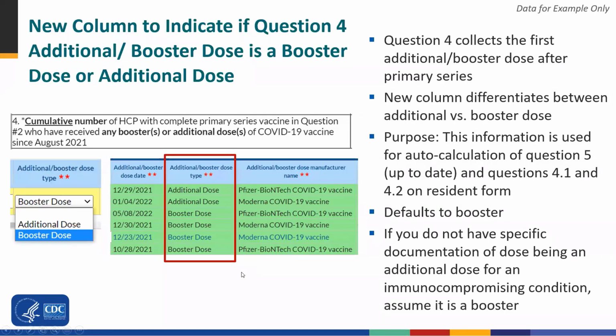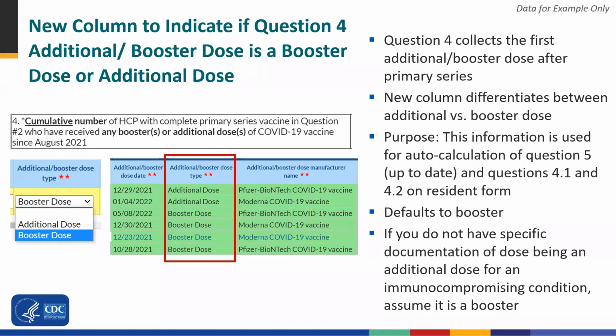So as I mentioned, we added a new column to indicate, for question 4, which is the number of people with any additional or booster doses, if this dose is a booster dose or an additional dose. So this question collects the first additional or booster dose that was received after the primary series. So in order for the application to accurately determine up-to-date status, what we need to know is whether this was a booster dose or an additional dose.